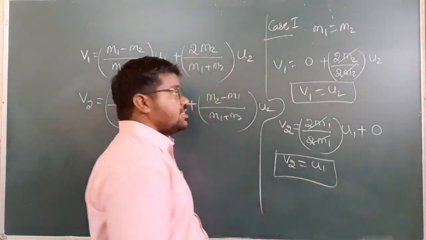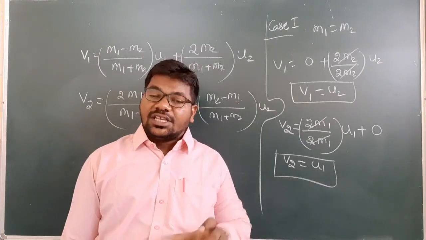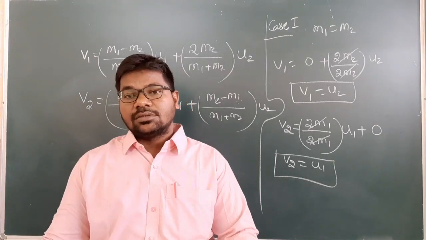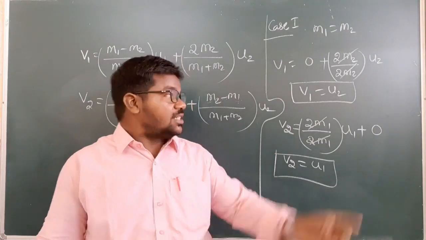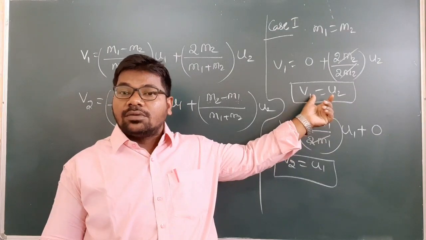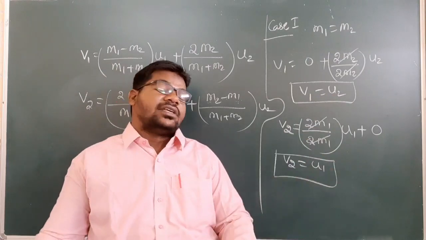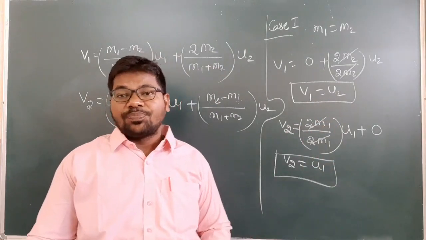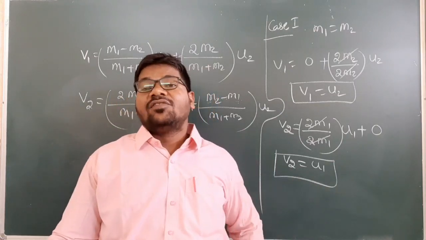Understand? See here, if the colliding bodies have the same mass, they interchange their velocities after collision. The final velocity of the first body is equal to the initial velocity of the second body, and the final velocity of the second body is equal to the initial velocity of the first body.